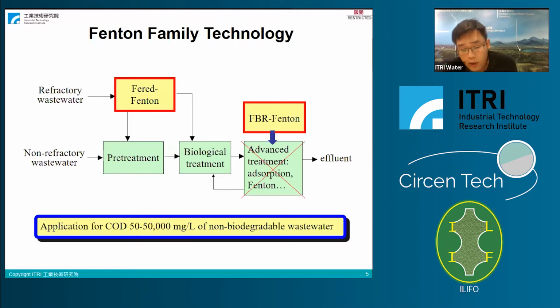The effluent of Fered-Fenton can go to a treatment unit or biological treatment unit. Finally, FBR-Fenton can treat residual refractory COD to meet the effluent standard.